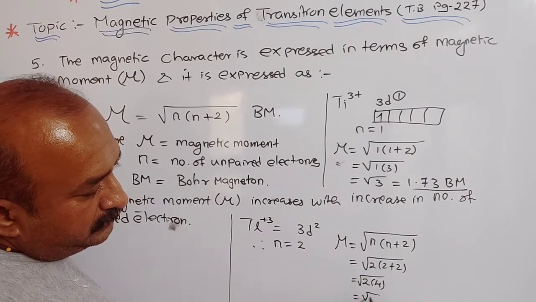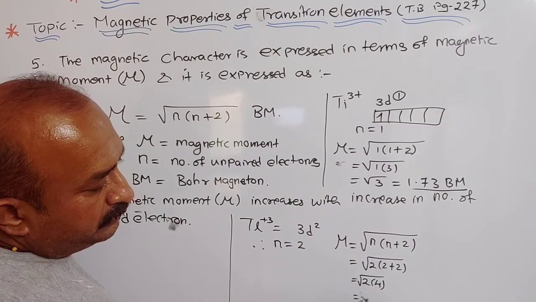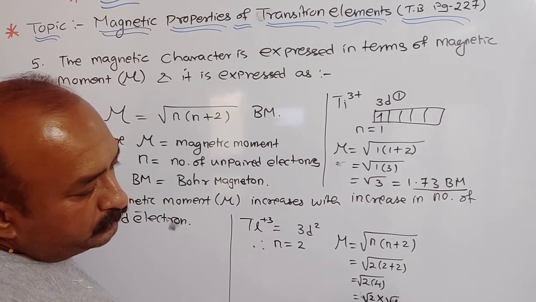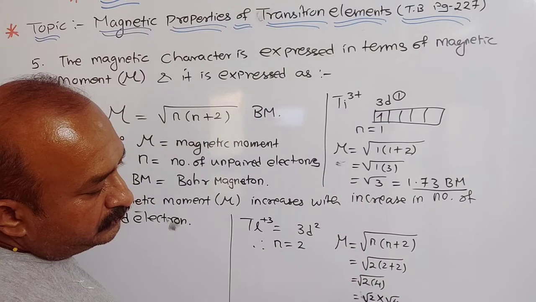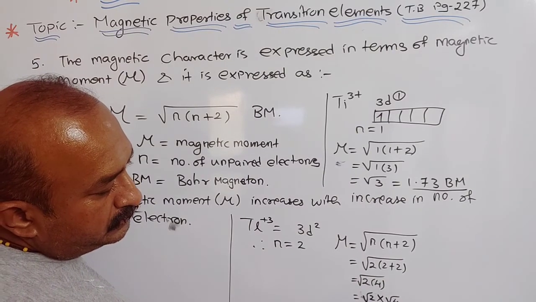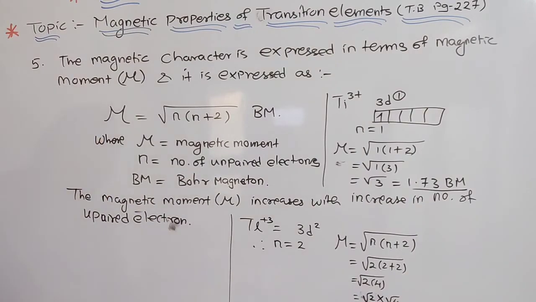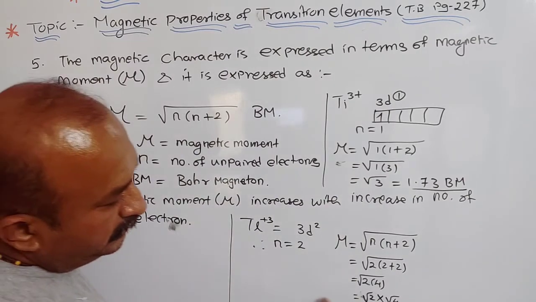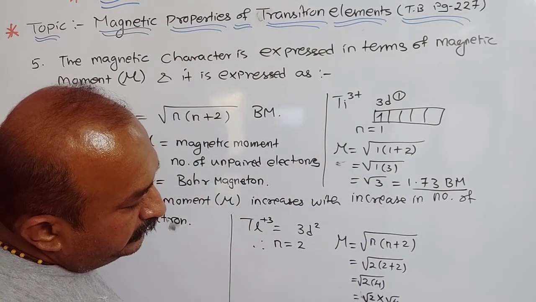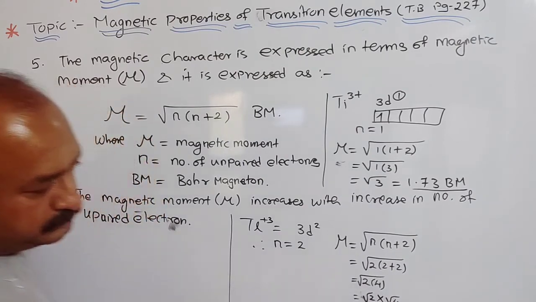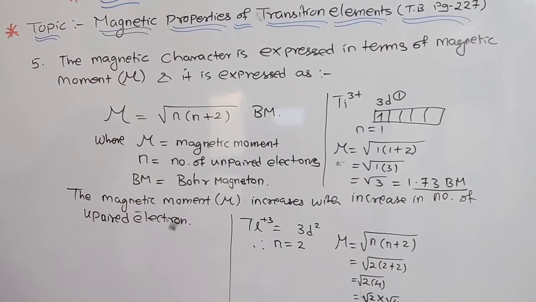So root 8, or otherwise root 2 into root 4, which is equal to 2 into 1.41, which is 2.84. It will be 2.84. Is it clear?